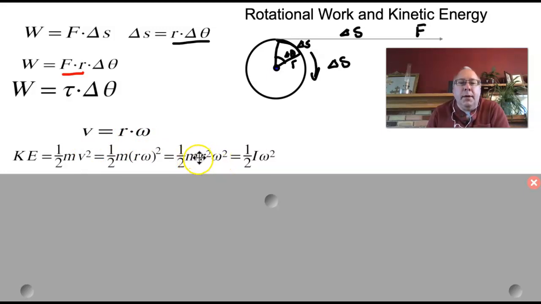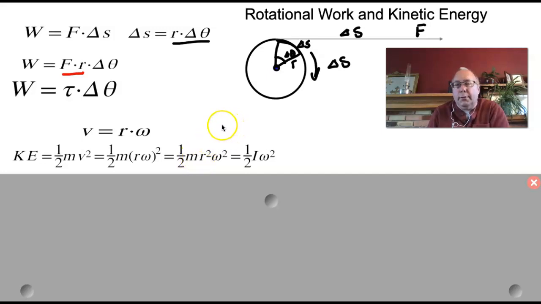Now if you remember, if this was a point particle out here, maybe a point mass along the edge, then our mr squared would be the moment of inertia for that point mass. But we can generalize that, and that I could be for any shape where there would be the k out in front of it.